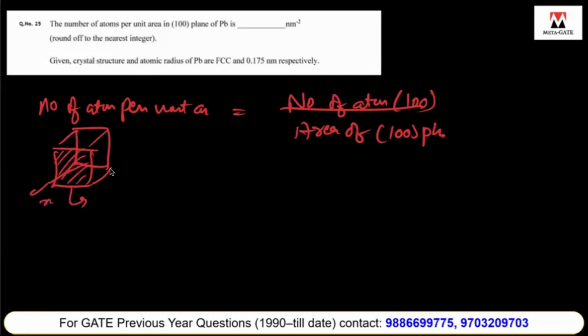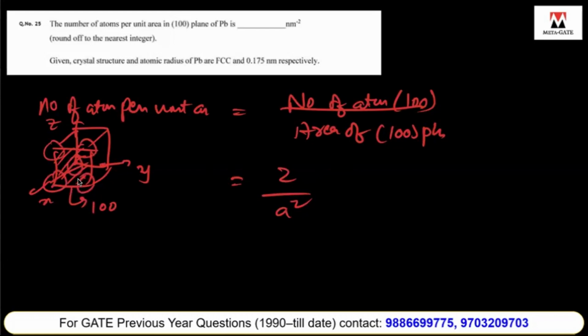This is the X direction, Y direction, and Z direction. The area of that plane is a square. The number of atoms in that plane of FCC is 2 atoms, and here 2 atoms will be touching each other.